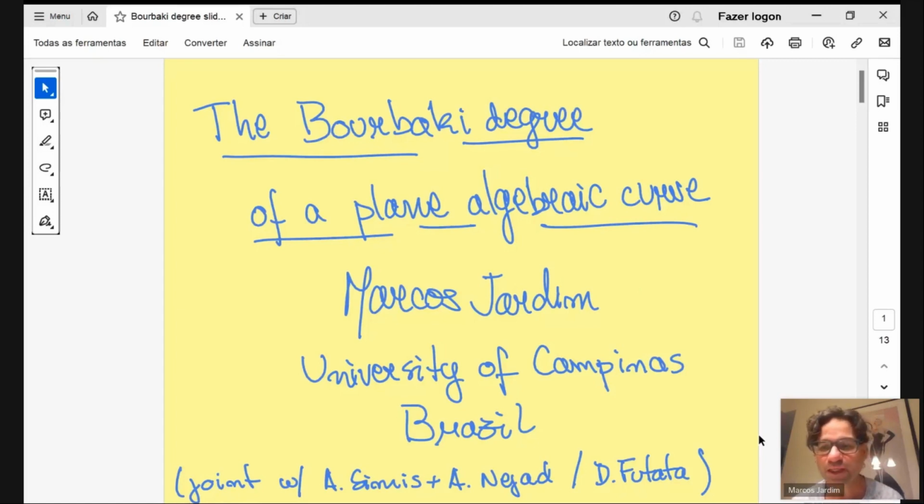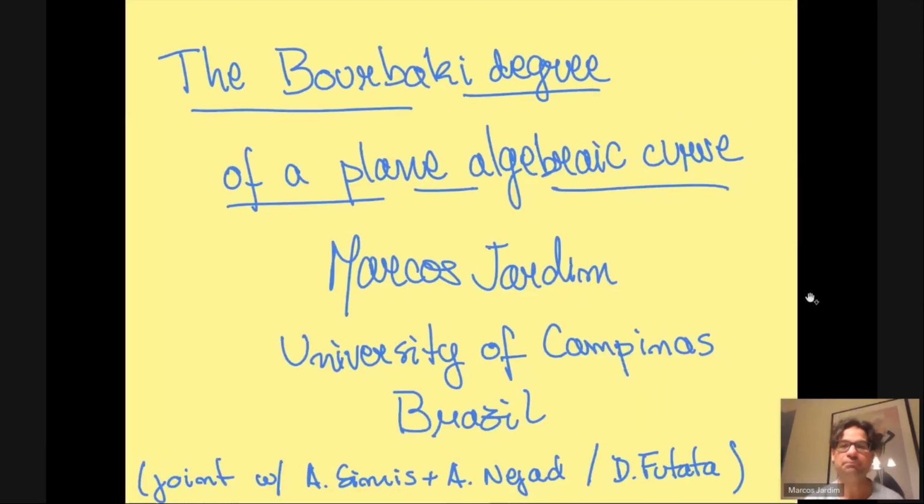So I decided to speak at this meeting about some recent work I've done with Aron Simis and Abbas Nejad. This is on the arXiv. The arXiv version is the purely commutative algebra version of this work.